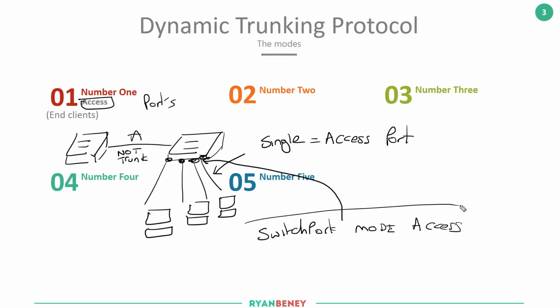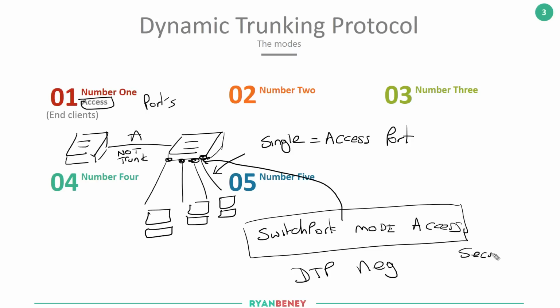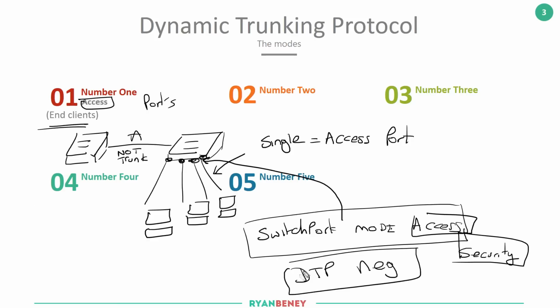Well, when you apply that to the port, it actually turns off the DTP negotiation, and it prevents DTP packets from being sent and received on the port. So again, it adds that security by ensuring that access ports, which tend to go down to end clients, can't negotiate DTP and get a view of the network by forming a trunk.